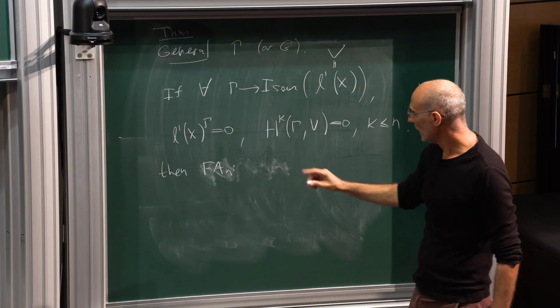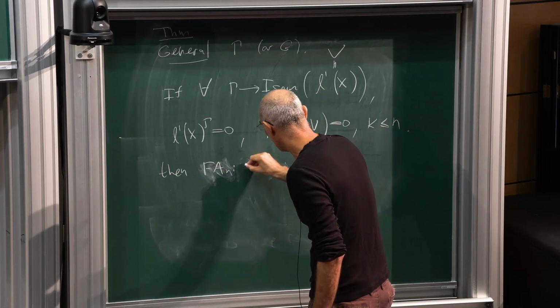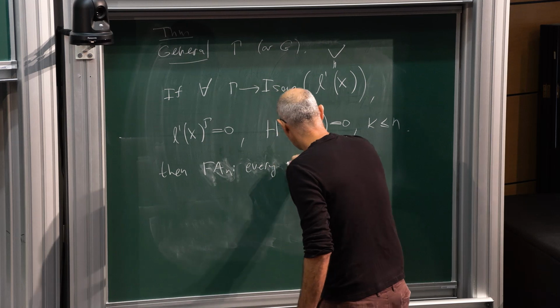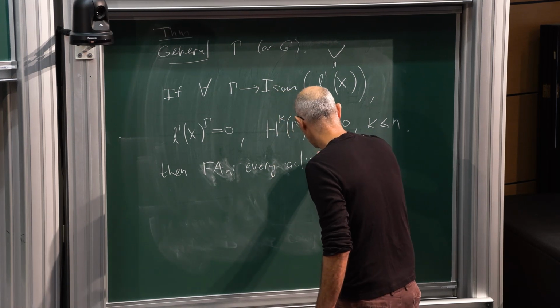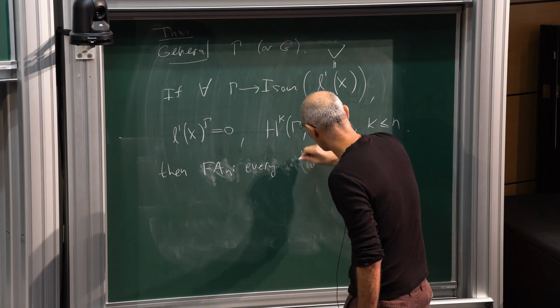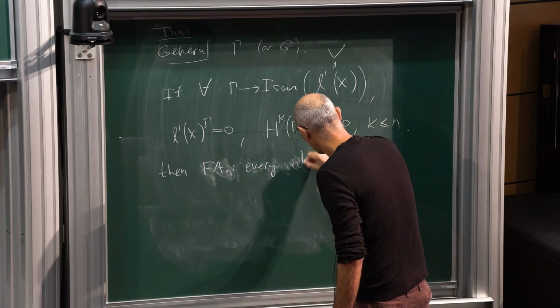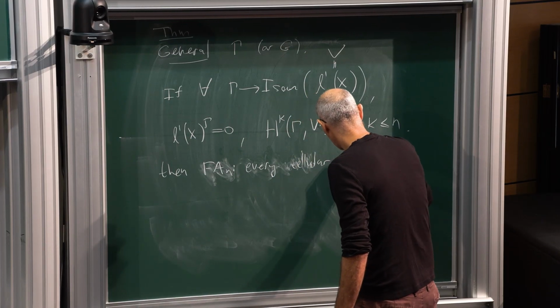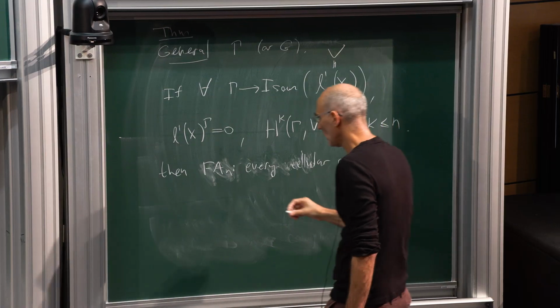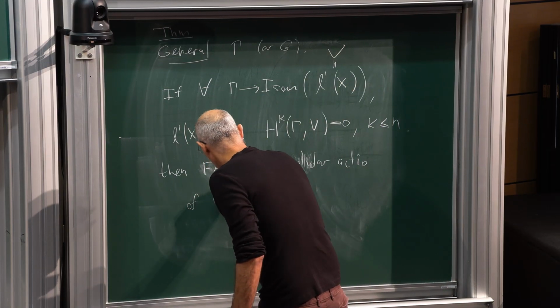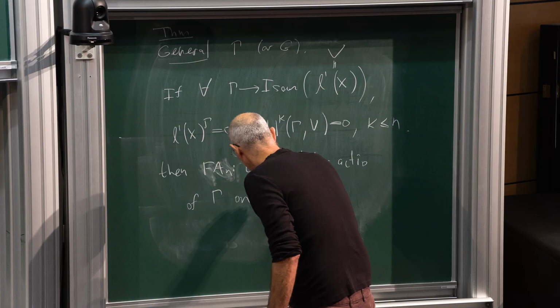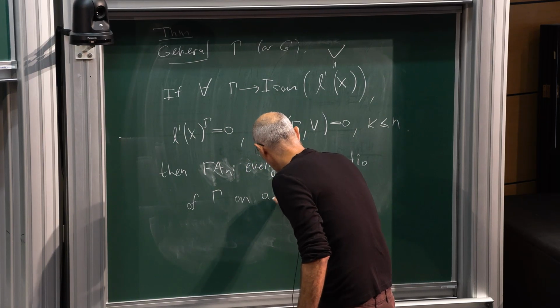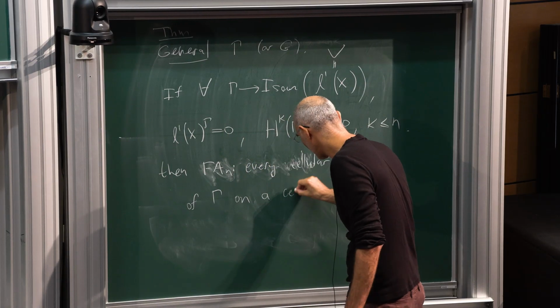So then FAN, that is every cellular action of gamma on a cell complex.